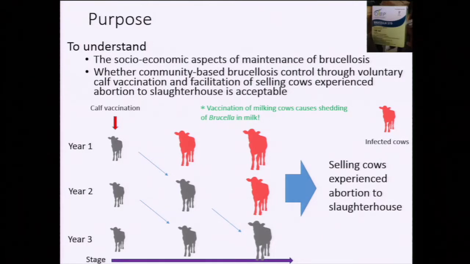But if you don't have diagnostic kits or facilities, I think it's a reasonable choice. By selling off those high-risk animals, we think that the eradication of brucellosis may be facilitated.